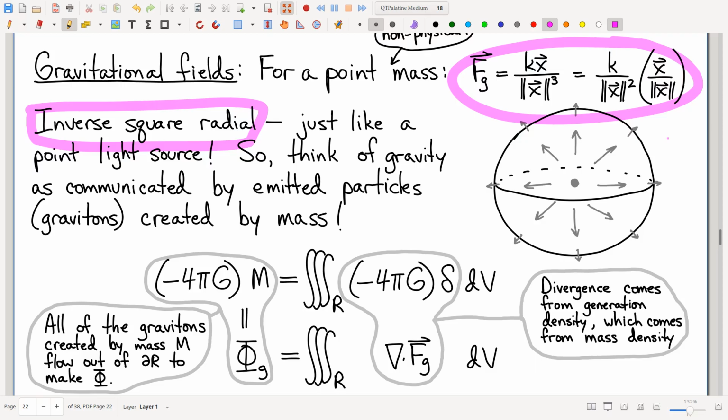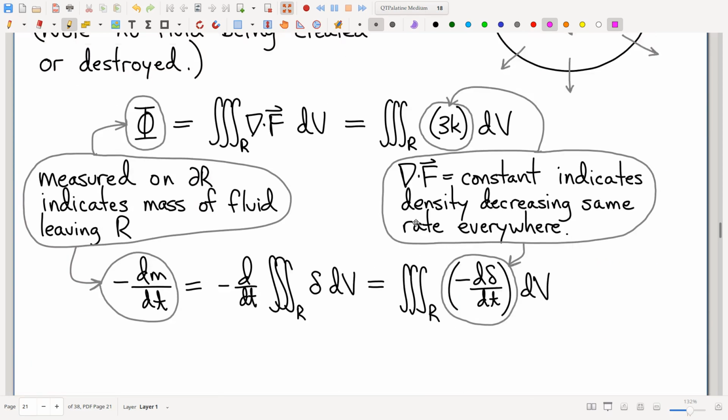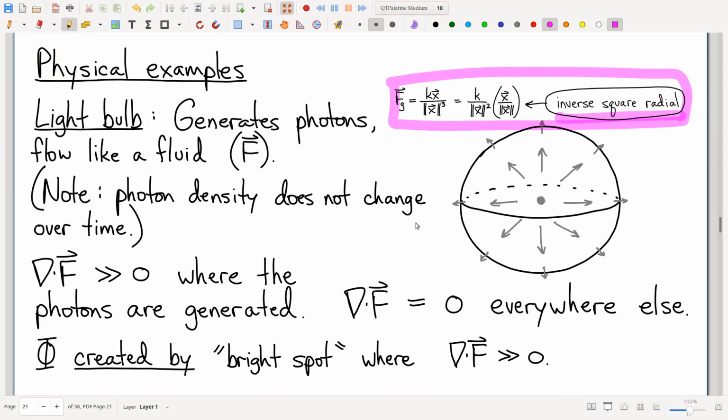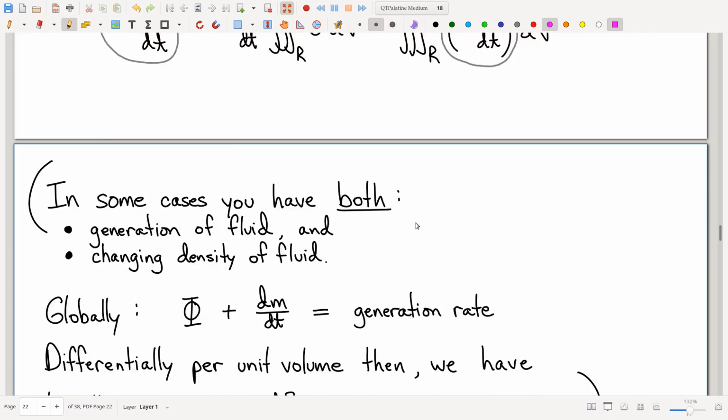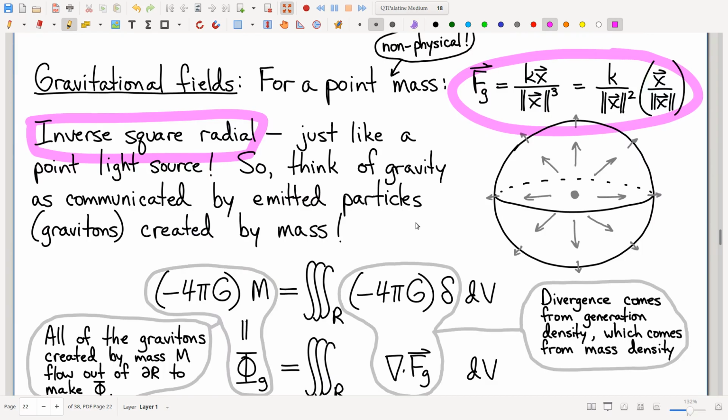Right? And so there is a theory out there, and this is a theory, and I'm not an expert in this area, so as to whether what I'm about to say is actually true or not, I don't know. But a plausible theory is that, in the same sense that light is communicated by little particles that shoot outward from bulbs, likewise gravity might be communicated by little particles that shoot outwards from mass.